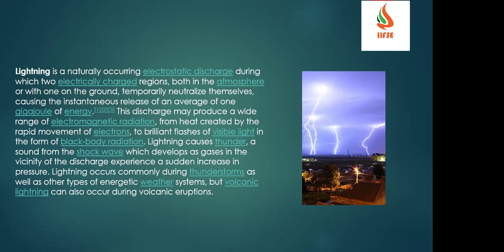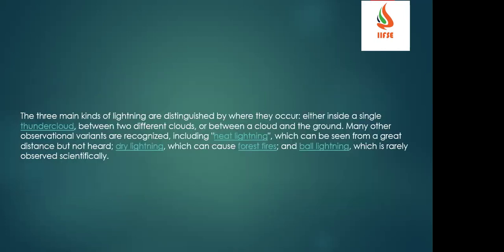Lightning occurs commonly during thunderstorms as well as other types of energetic weather systems, but volcanic lightning can also occur during a volcanic eruption. It is a natural electrostatic discharge, the lightning. Okay, this is how it happens.